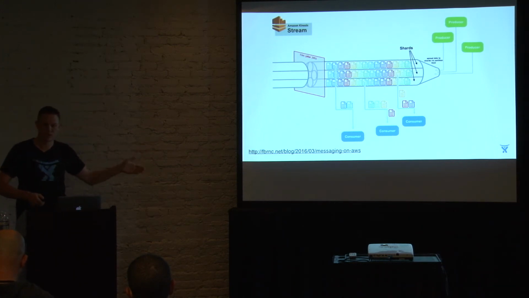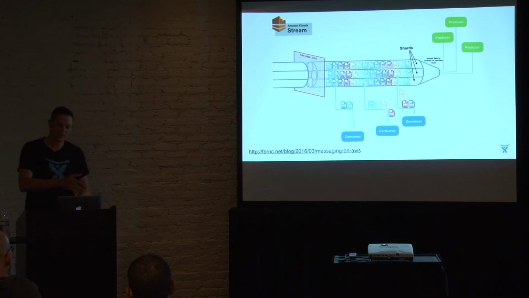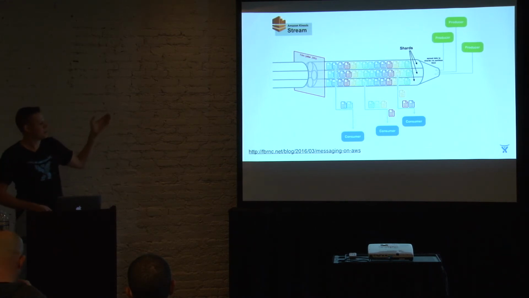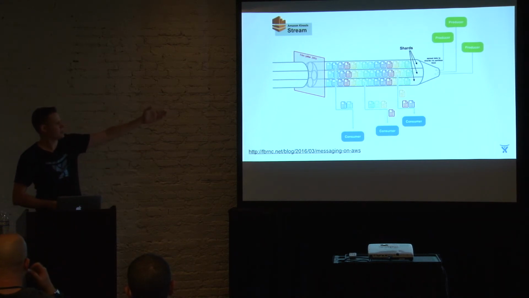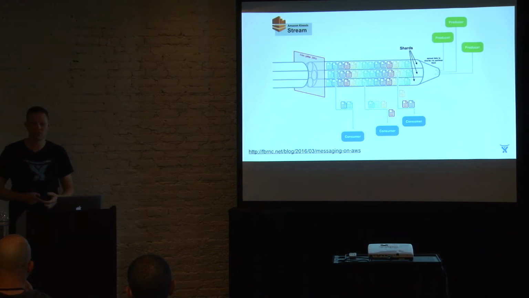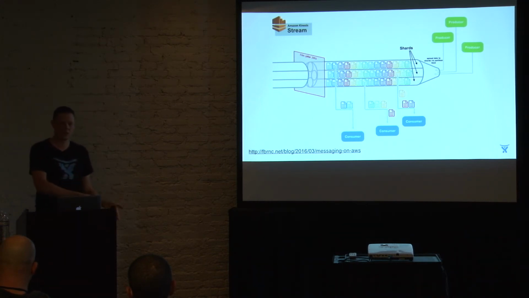Obviously, they start at the trim horizon 7 days ago, and they read their way left to right. What that means is for a consumer who's behind and processing slowly, they'll eventually get through this backlog. But for consumers that are processing incredibly quickly, they're basically sitting right at the front end, behind the producers, and consuming events in real time. So it means that you can accept a delay without losing data.